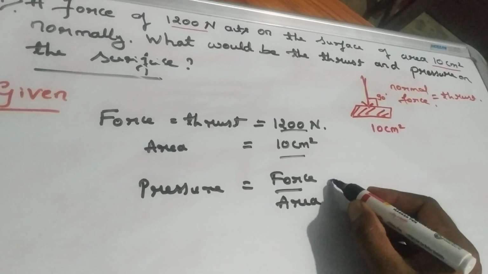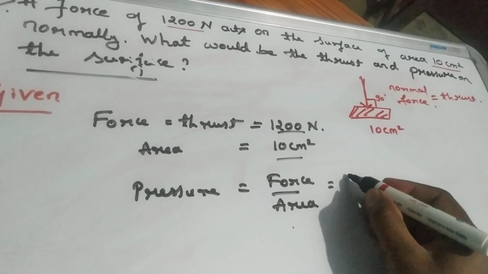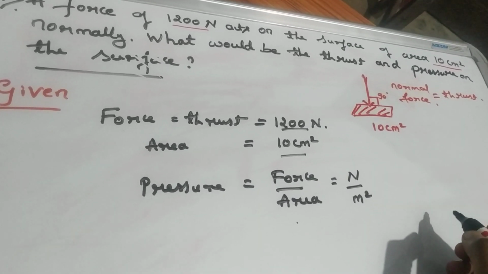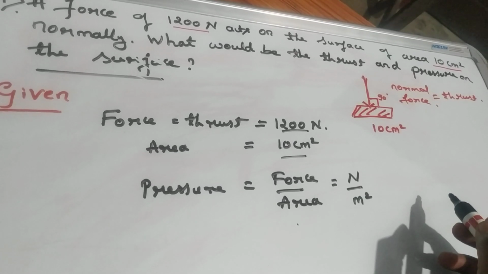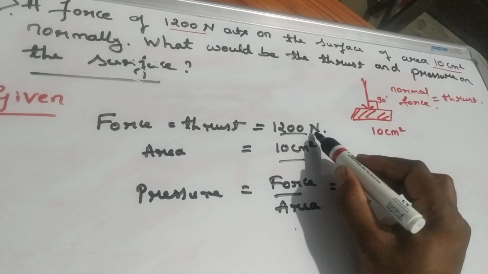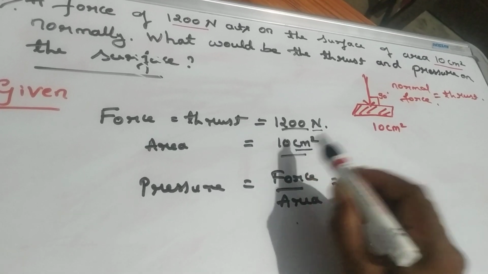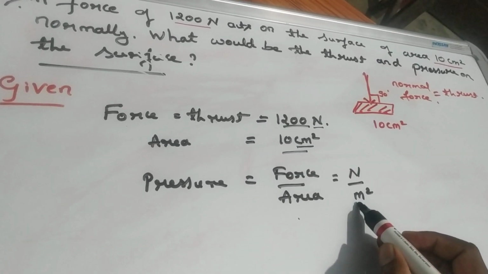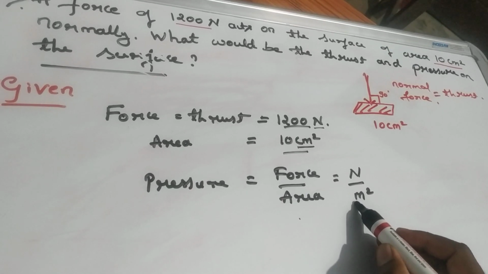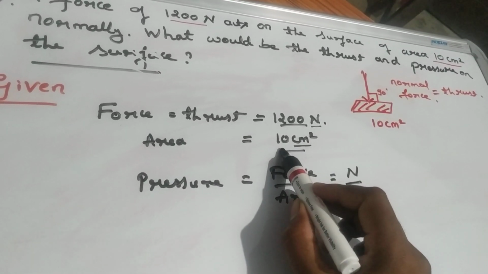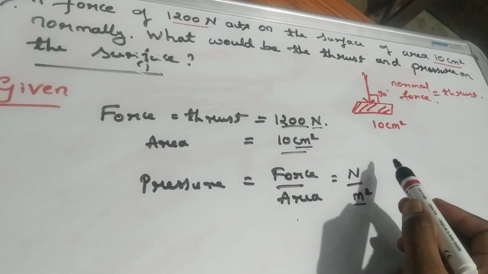We know that for force per area the unit is Newton per meter square. In the given things, the units are Newton and centimeter square, but the SI unit of area is meter square. That means I should convert this 10 centimeter square into meter square.